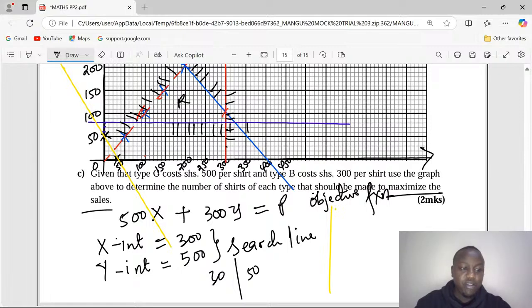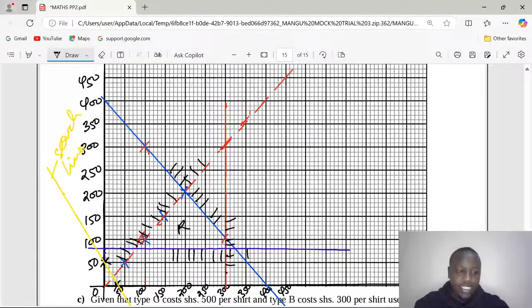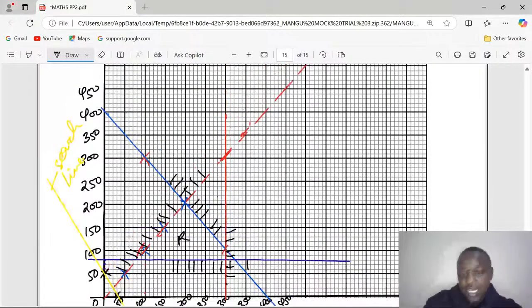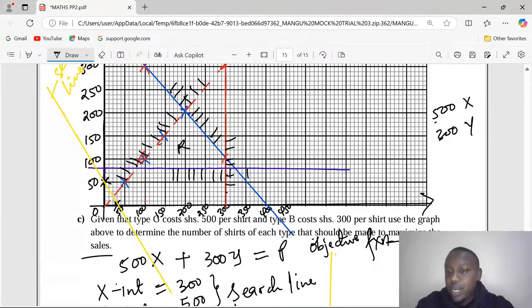With the inspection method, a learner can simply come to the region, and all these are possible combinations of the types of shirts. But the maximum sales come from 500, which is type G, X, and 300 for type B, Y. Therefore, when X has the highest number, we are likely to have more sales.